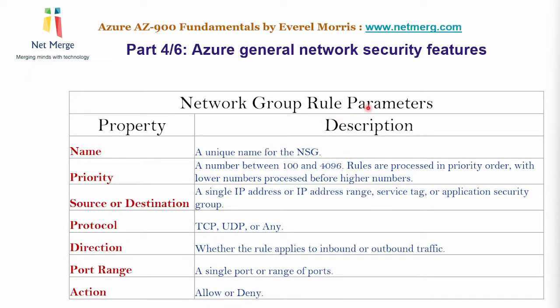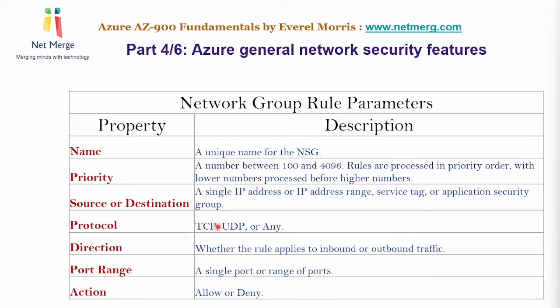Now here's a look at the properties that you would have to set to create a network security group. It would have to have a unique name, and a priority between 100 and 4096. If you want to set a higher priority than the priorities that were set by default, you just need to use a higher priority number and it will override that lower priority rule. You need a source or destination IP address or a series of IP addresses that you want the rule applied to.